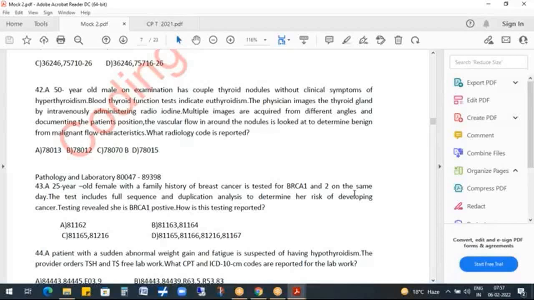They're just looking at the vascular flow in the nodules to determine benign from malignant flow characteristics. We just take it as 78013 only. Understood, everyone?